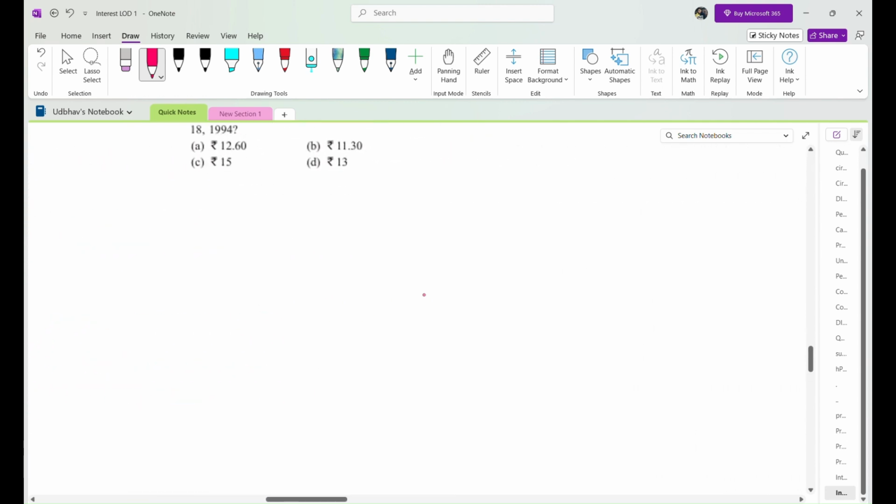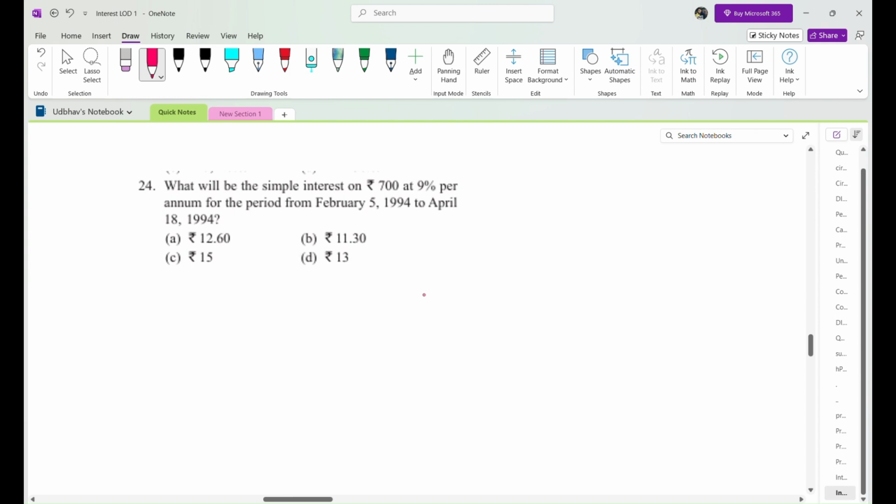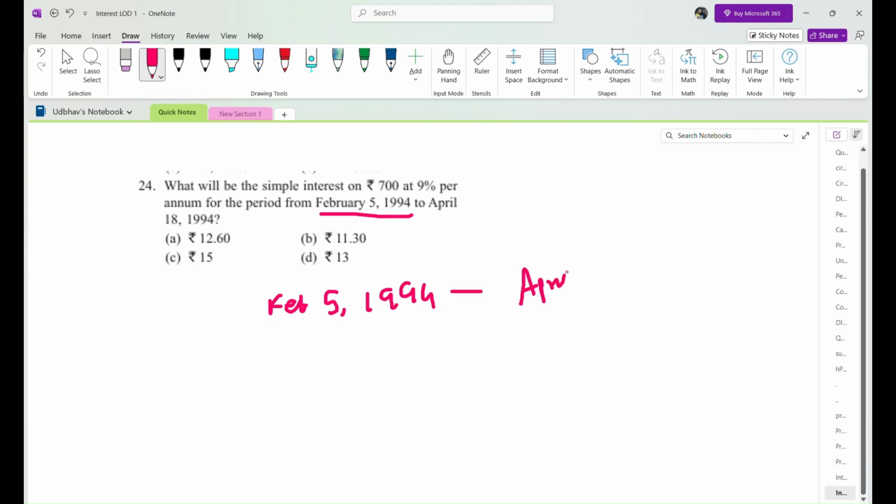Next question, 24. What will be the simple interest on 700 at 9% per annum for a period from February 5, 1994 to April 18, 1994?